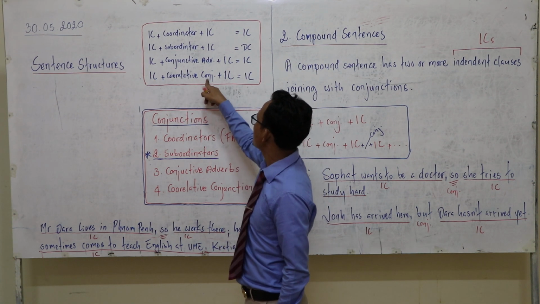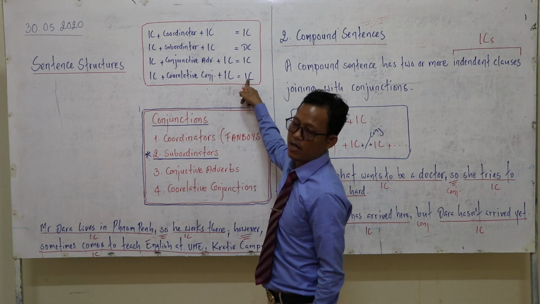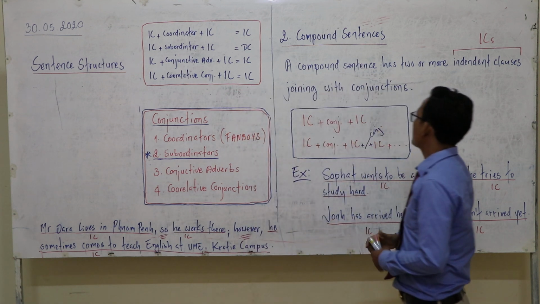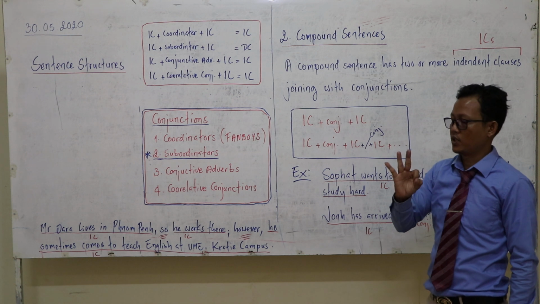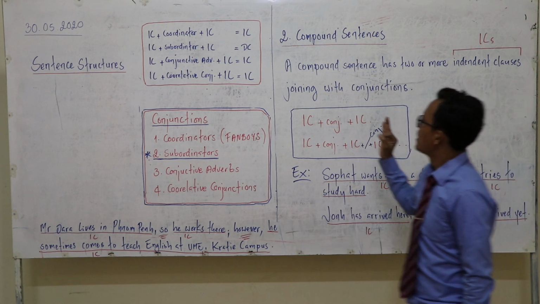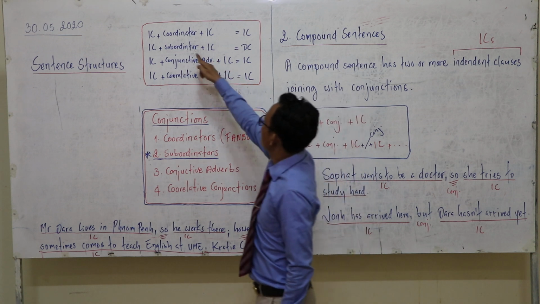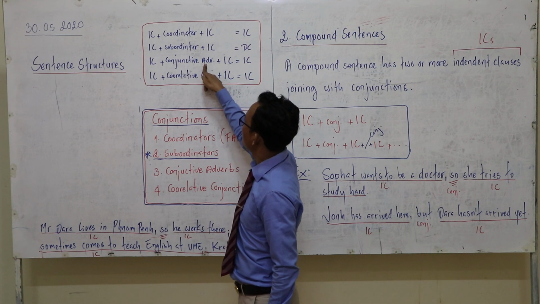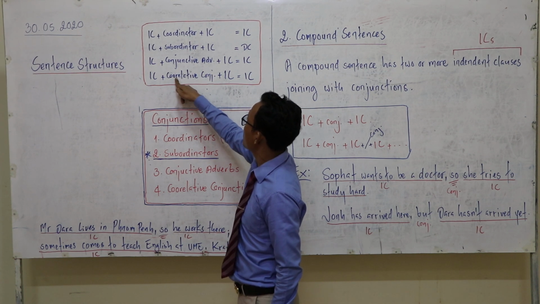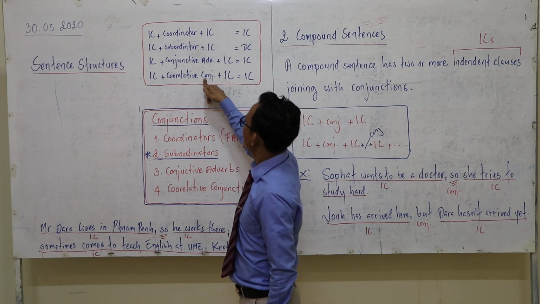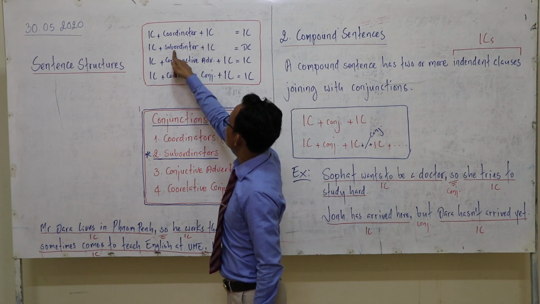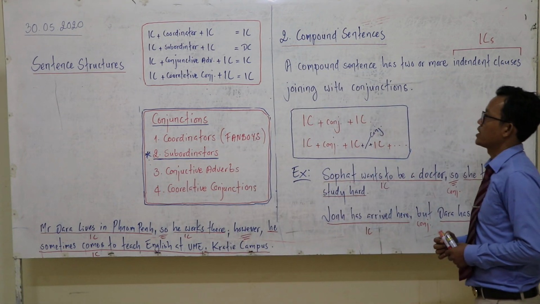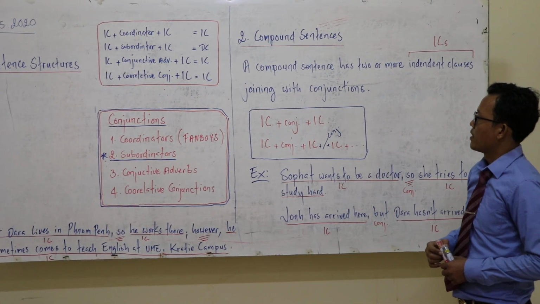IC plus correlative conjunction plus IC becomes IC. So the conjunctions that we use with a compound sentence are only three, not four: coordinator, conjunctive adverb, and correlative conjunction. Except subordinator. If we use IC plus subordinator, it is not IC. It is DC.